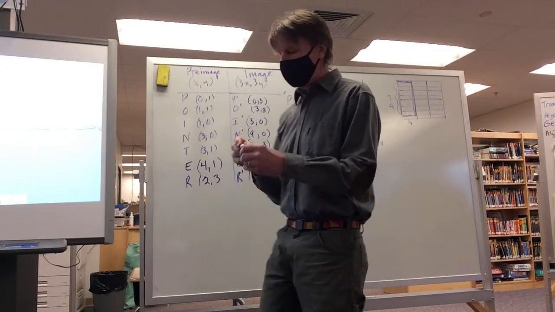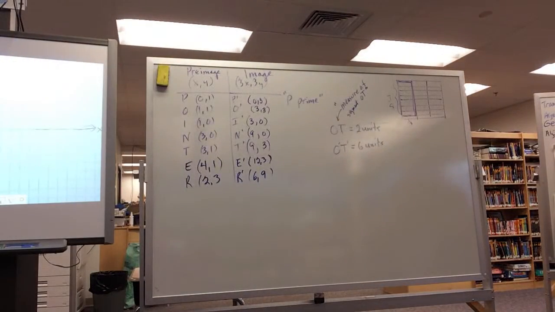Okay, so then we can add those points on. So E is 4-1, and R is 2-3. So that becomes this. Is that what it's gonna be?